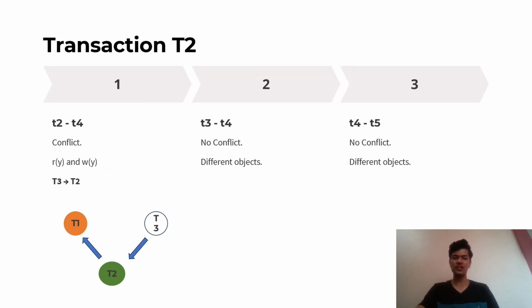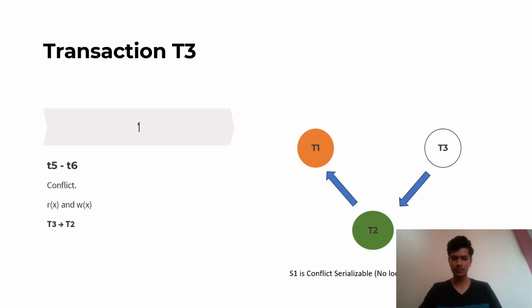Now for transaction T2, comparing t2 and t4, we get a conflict because one is reading Y and the other is writing Y. So we draw an arrow from T3 to T2, and for the rest there is no conflict, so no arrow is drawn.